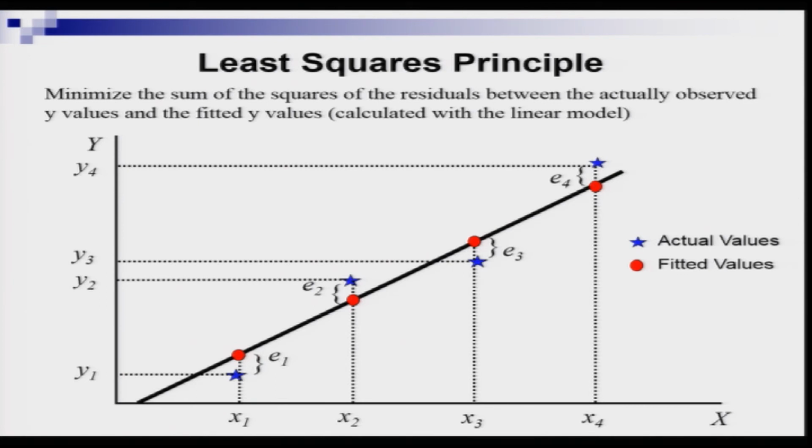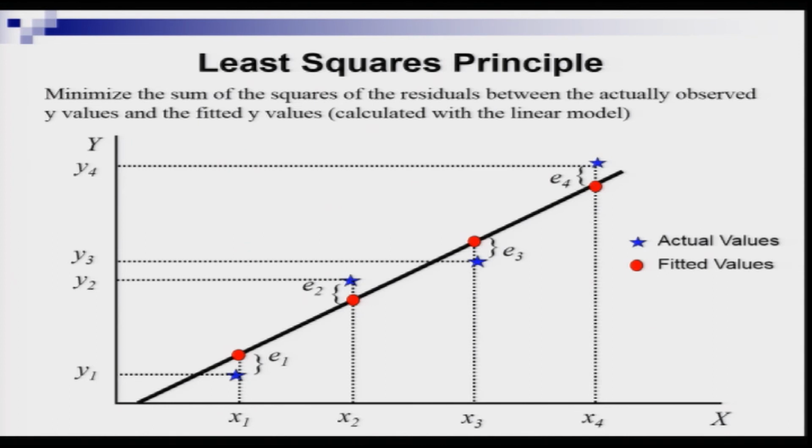Suppose we have only 4 data points, okay, a simple case. So basically there are paired observations x1 y1, x2 y2, x3 y3 and x4 y4, and you see these actual values are shown in this quadrant by the blue colored asterisks, okay.